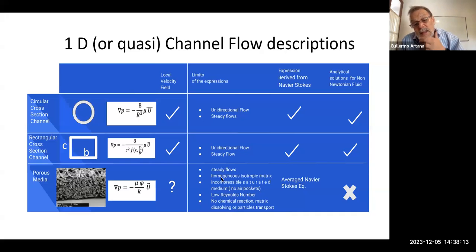Also you have the condition that you are in steady flows, and this is obtained from a homogeneous isotropic matrix of incompressible and saturated media. This means that you have no air pockets. This applies only to low Reynolds number, and also you require that there should be no chemical reaction, matrix dissolving, or particle transport inside.